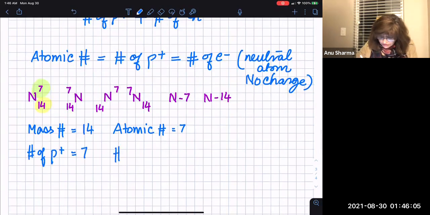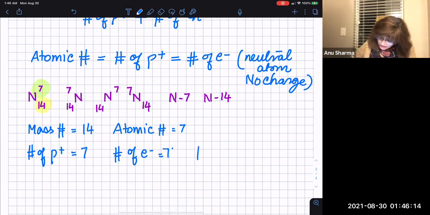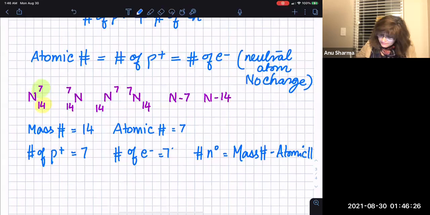Next question is, what is the number of electrons? And that number of electrons is also 7. Okay. Next is, how many neutrons are there? The number of neutrons is the mass number minus the atomic number. Or you can just say the mass number minus the number of protons.